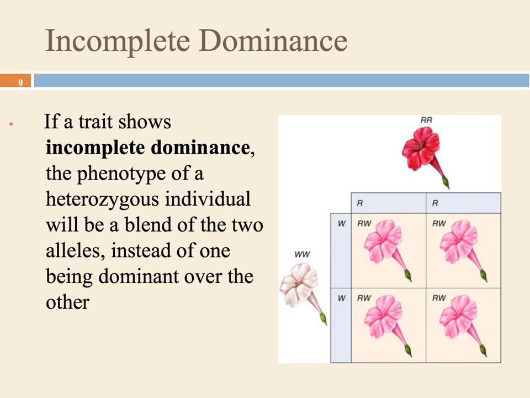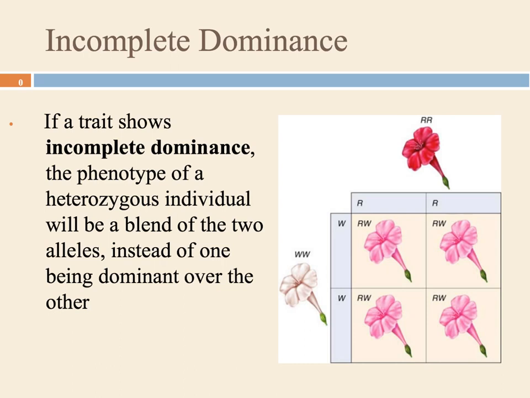So if you take a red marker and a white marker and mix the two, or red paint and white paint, if you've ever taken an art class, you know that that color comes out pink. So in incomplete dominance, an individual that is heterozygous will show a blending of the two alleles instead of one being completely dominant over the other. So that is incomplete dominance. A heterozygous individual will show a blending of the two traits.